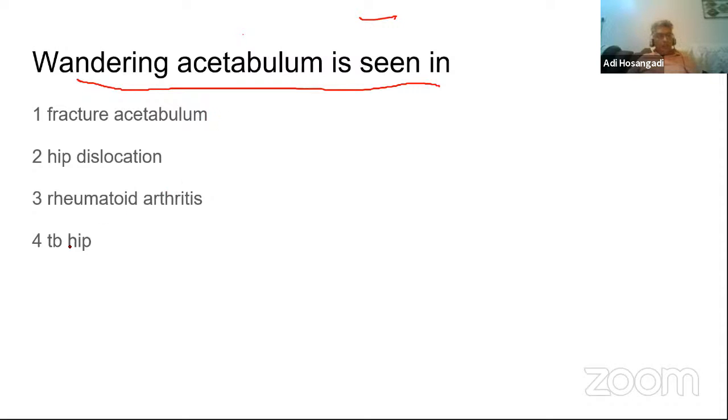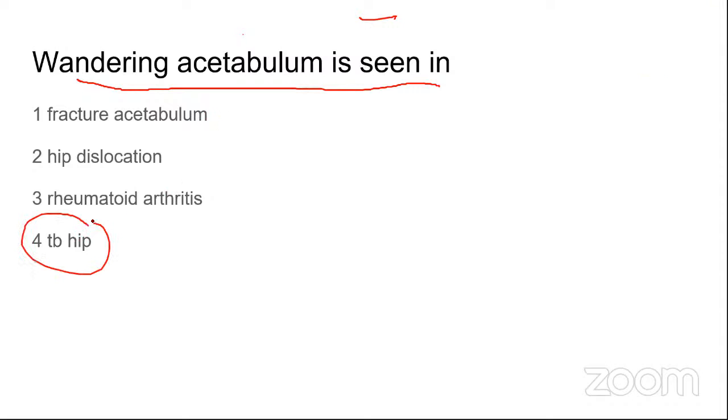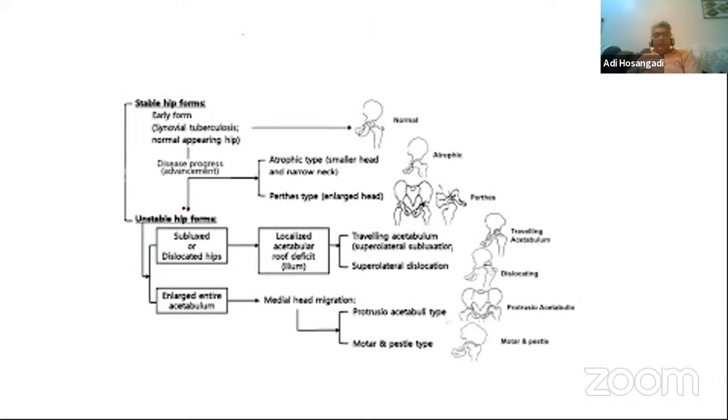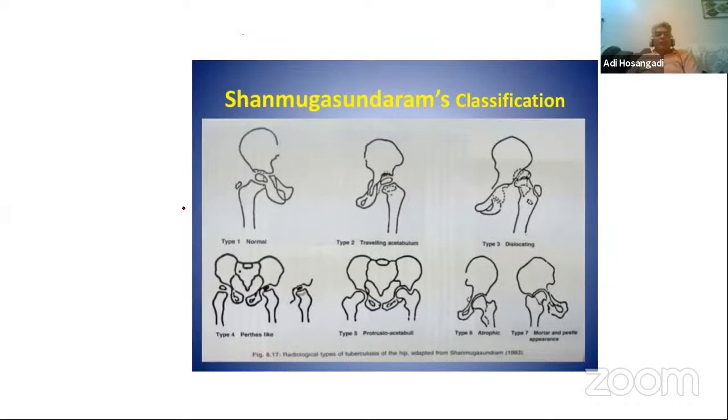Yes, fourth option. Very good. Just because we are dealing with tuberculosis? Yes, sir. Okay, right. I will show you a picture of wandering acetabulum so that you will never forget. The answer is right. This slide is a little busy, I will come to this later.